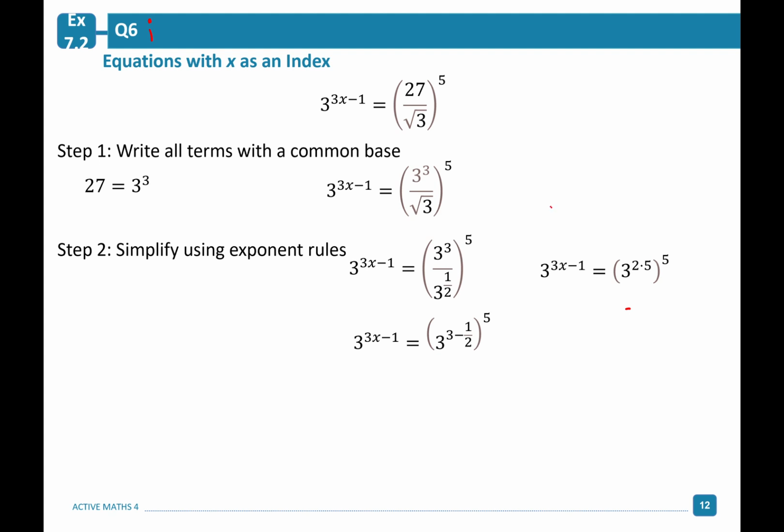Using rule 3, a to the power of p, all to the power of q, can be simplified by multiplying our exponents together. This gives us 3 to the power of 3x minus 1 equals 3 to the power of 12.5, as 2.5 times 5 gives us 12.5.